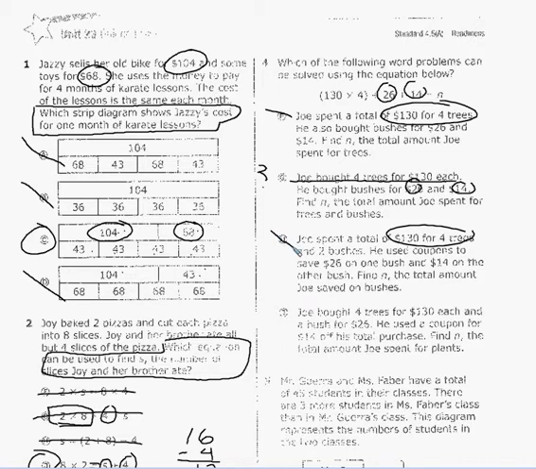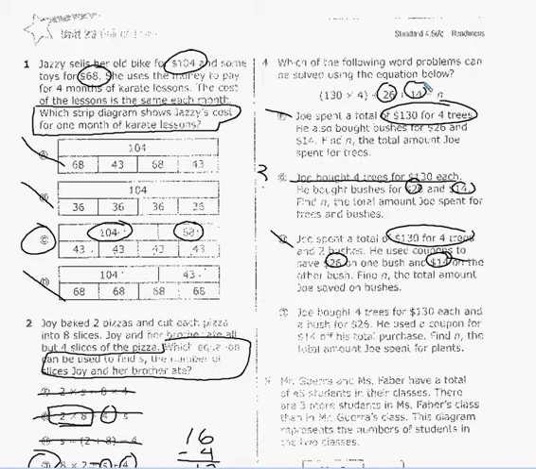And J. Joey bought 4 trees for $130 each. That works. A bush for $26. Okay, a bush for $26. That works so far. Okay. He used a coupon for $14 off his total purchase. So that 14 sounds like a subtraction right there, but we're looking at adding 14.